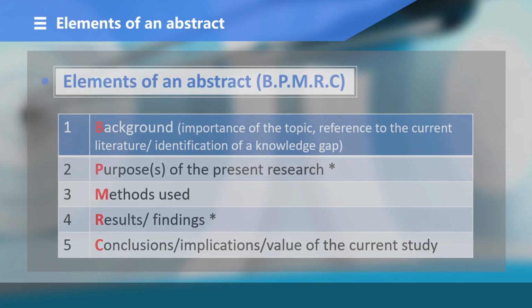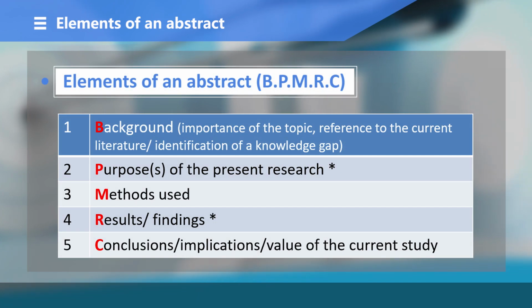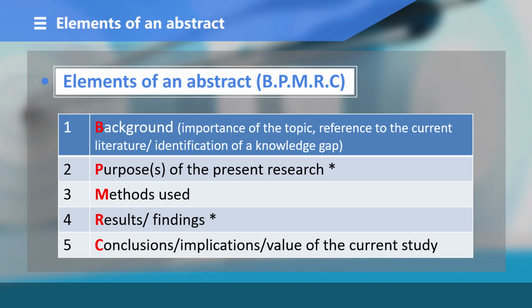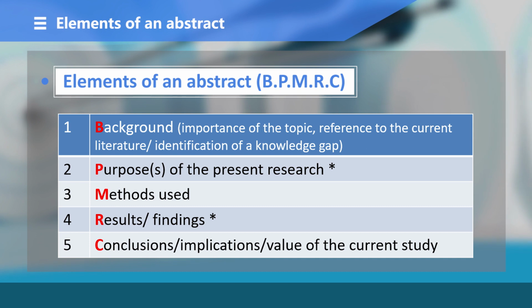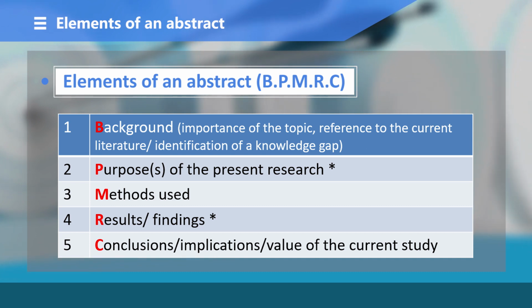Here is a table that shows the typical order of the 5 elements in an abstract. We may call it BPMRC. An abstract should include B, which refers to research background. P, purposes of the present research.